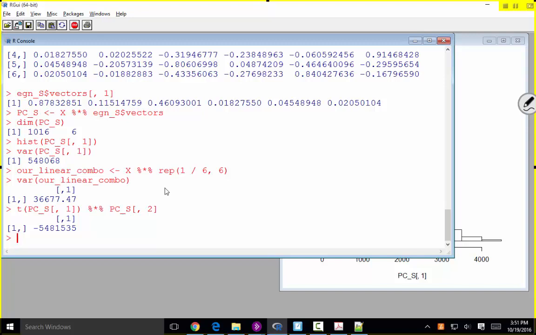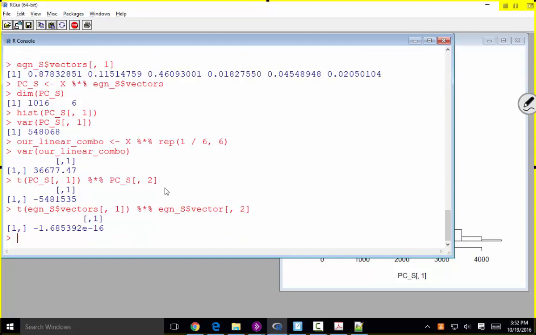Let's do transpose eigen S vectors 1 and the vector for the second one. Near as makes no difference, or just numerical rounding, 0.